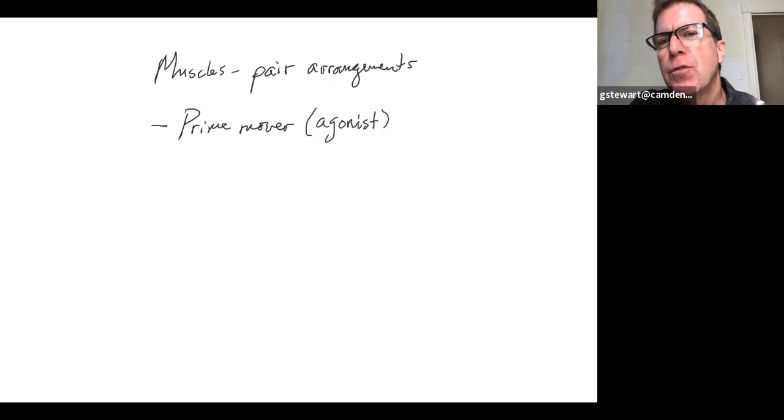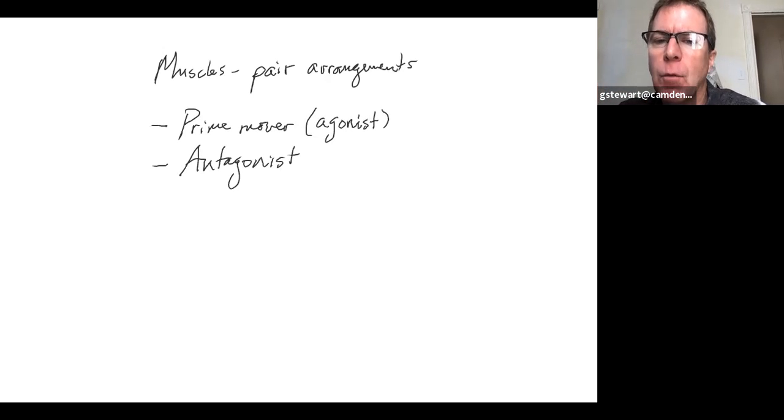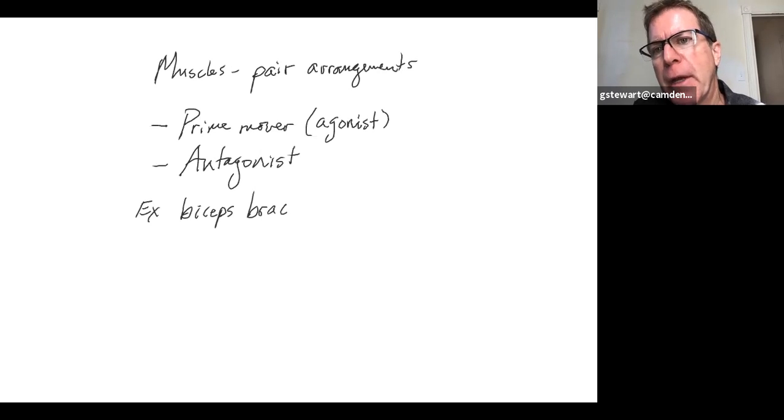That's usually coupled with something called an antagonist muscle. And we often see a prime mover and an antagonist working in tandem with each other. Classic example that I can give you is the biceps brachii. I know most people know where the biceps muscle is.